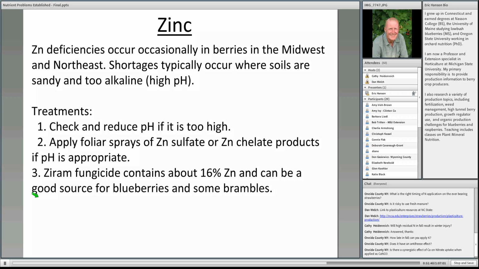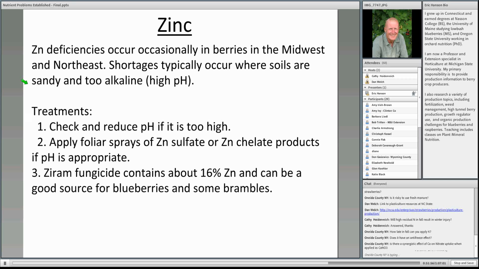Zinc, similar to manganese, we see deficiencies occasionally in berries in the Midwest, and I think that occurs also in the Northeast. Shortages, again, typically occur in soils that are sandy and too alkaline, too high in pH.